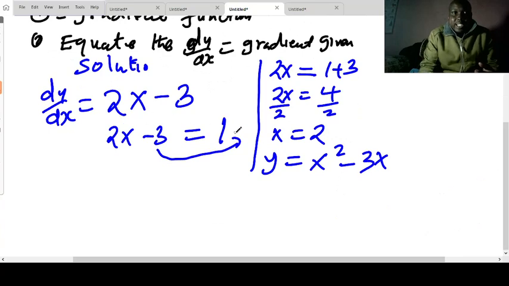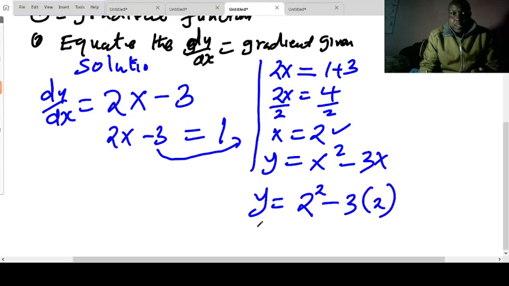But our x is 2. So anywhere you have x in the equation, you substitute with 2. So y is equal to 2 raised to power 2 minus 3 times 2. So y is equal to 4 minus 6. And this one is negative 2.